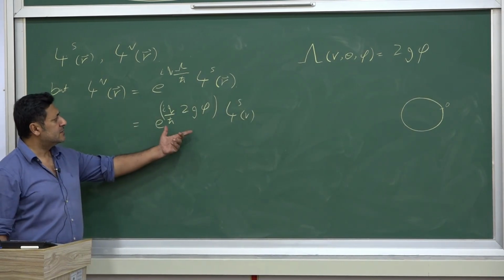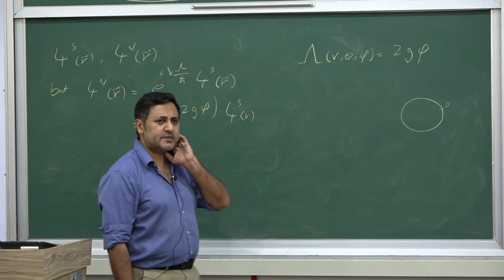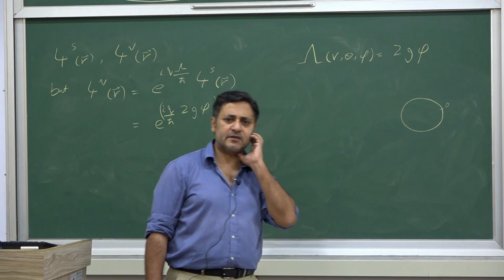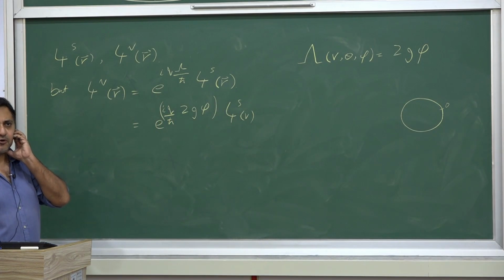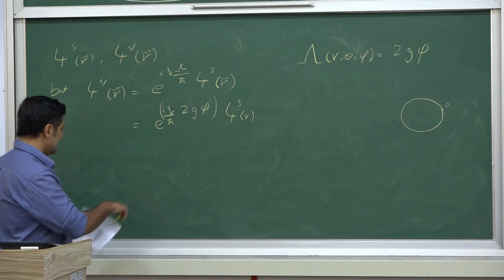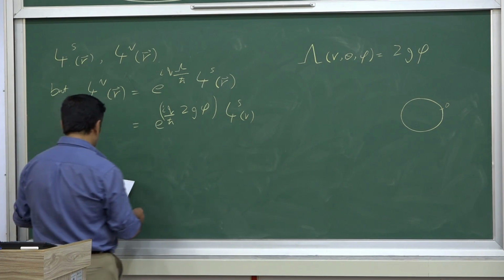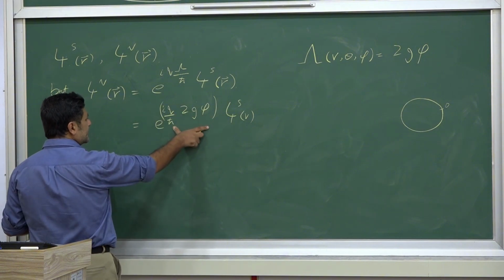But the wave function needs to be single valued, because you have to put it in the Schrödinger equation and you have to take its derivatives. So you have no choice over there. You can't have two values of the wave function at the same point in space time. That means this object should be single valued.